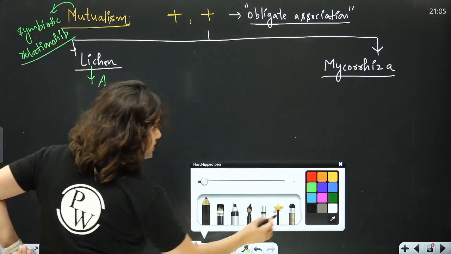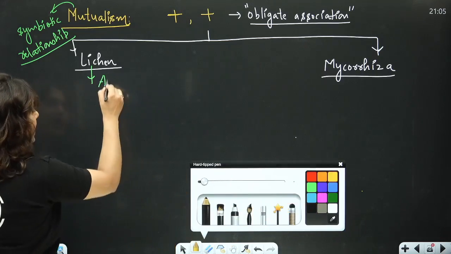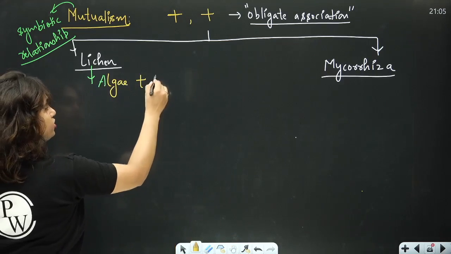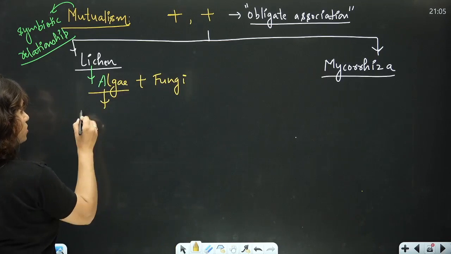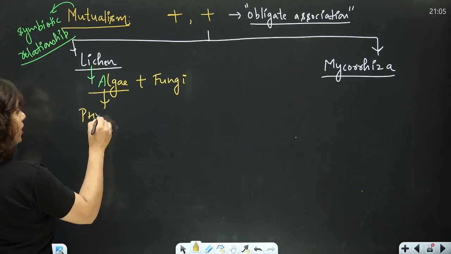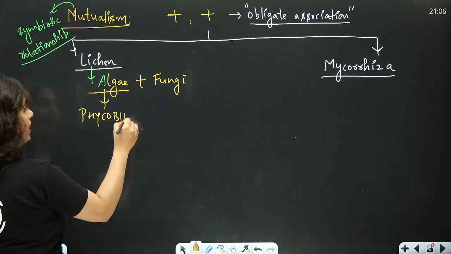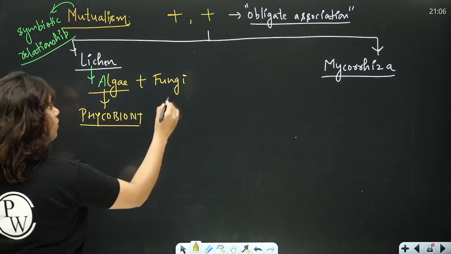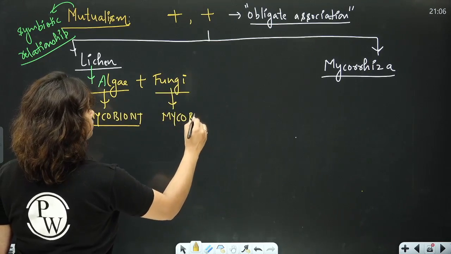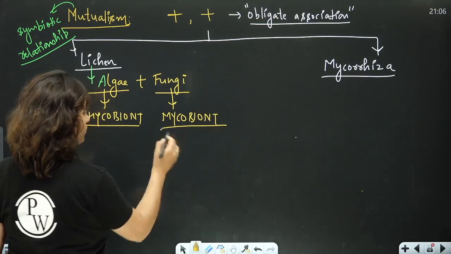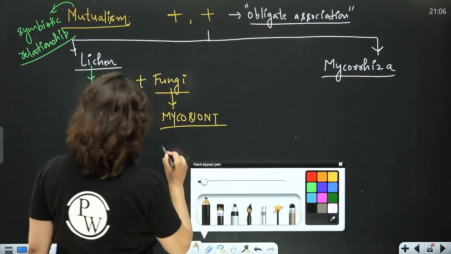So lichen is the association between algae and fungi. The algal part is called the phycobiont and the fungal part is called the mycobiont. You know what is the function of fungi?